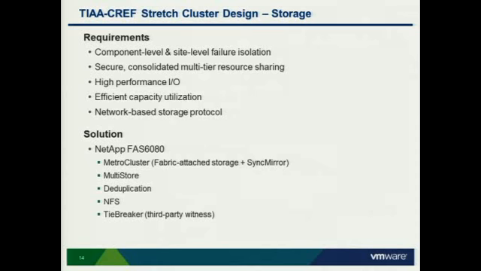In this particular implementation, we tried to leverage the multi-tenancy functionality of each one of the stacks, VDC on the Nexus and MultiStore on the NetApp, to consolidate as much as possible. Within the security parameters we had, we ensured that we still maintained security, with no leakage from one network to another, and we were able to consolidate and provide the lowest cost approach possible.